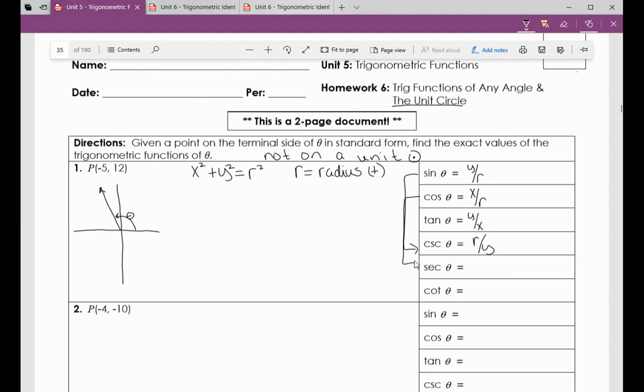Secant is cosine's reciprocal, so that would be r over x, and tangent and cotangent are reciprocals.